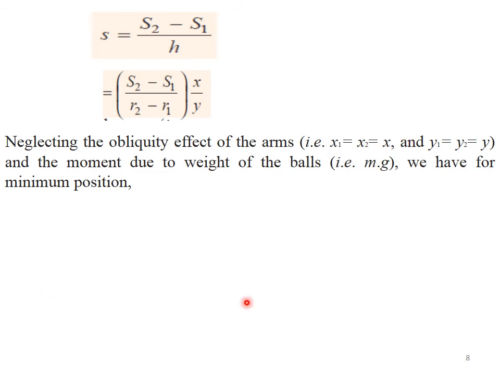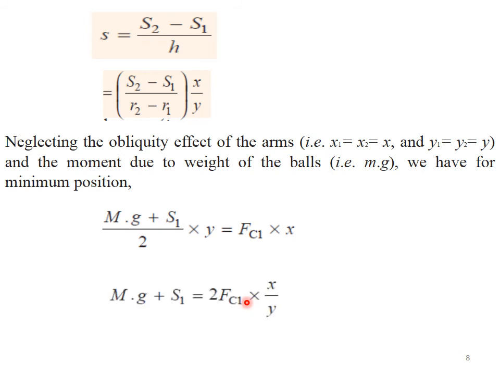So in this, we neglect the obliquity of the arms. By neglecting the obliquity of the arms, we consider that X is equal to X1 is equal to X2, and Y is equal to Y1 is equal to Y2. Then what happens to the previous equations if we don't consider the obliquity? The previous equation will become mg plus s1 by 2 into y is equal to fc1 into x. Rearranging, mg plus s1 is equal to 2 into fc1 into x by y.